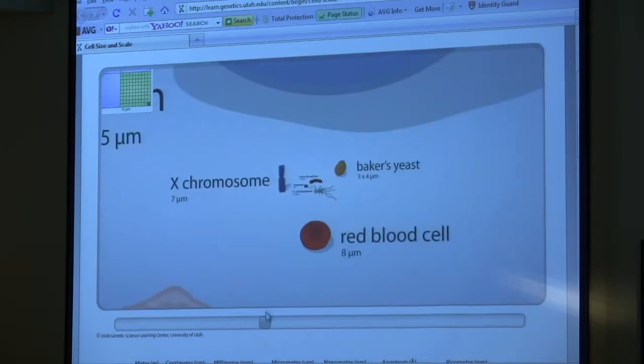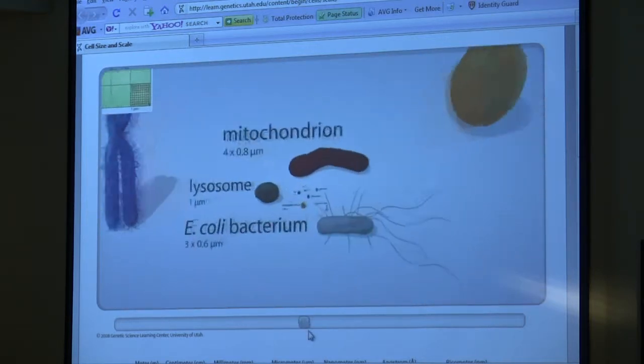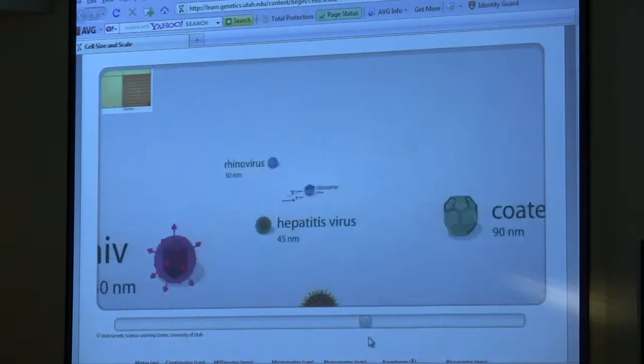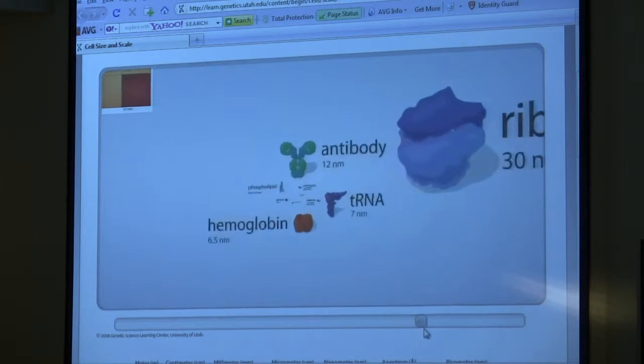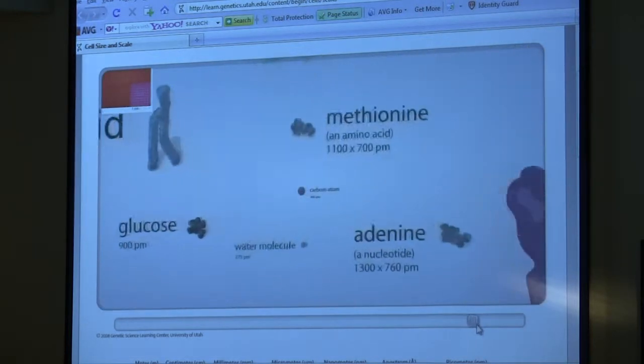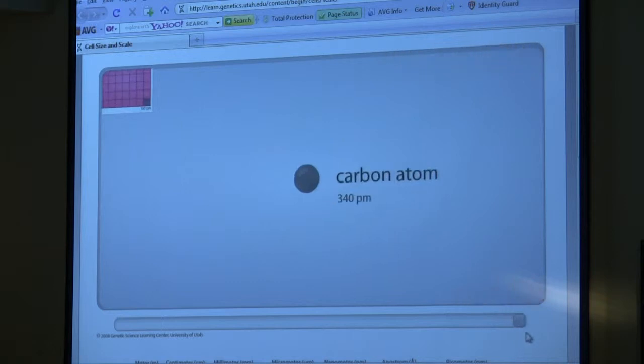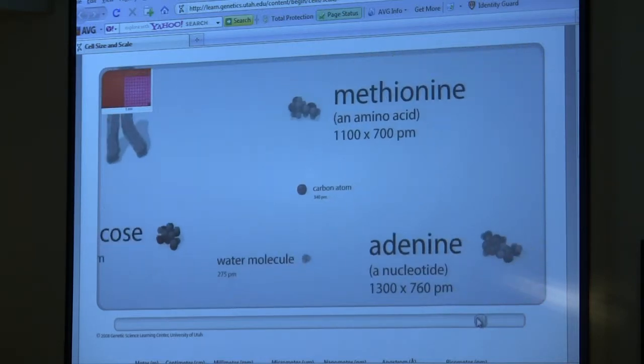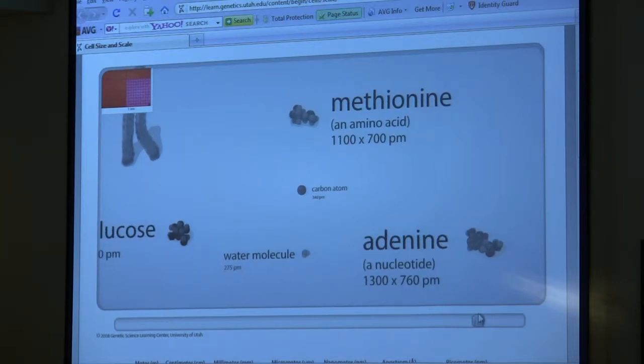Chromosome, bacterium, virus, there's HIV in there, RNA, adenine, and the atom carbon. So back up just a hair. Look at the adenine coming in. That's the energy packet I'm going to look at. That keeps coming up. It's a recurring theme in biology. So what is it and what does it do? So next slide.